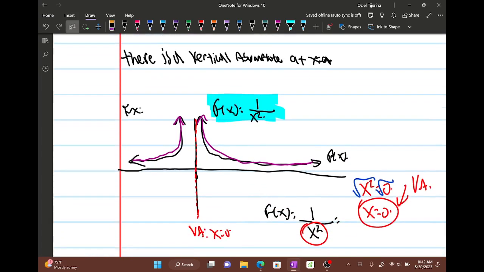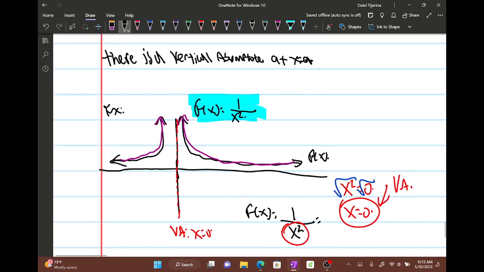I don't want to say that the limit as x approaches a from the left does not equal the limit as x approaches a from the right, because that's not always going to be true when it comes to continuity. Let me repeat that. What I'm trying to say is that the limit as x approaches 0 from the left is going to be infinity, and the limit as x approaches 0 from the right will also be infinity.